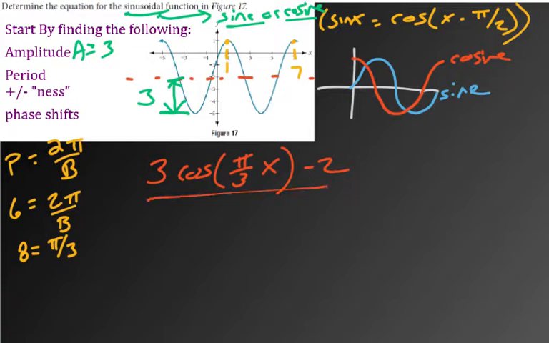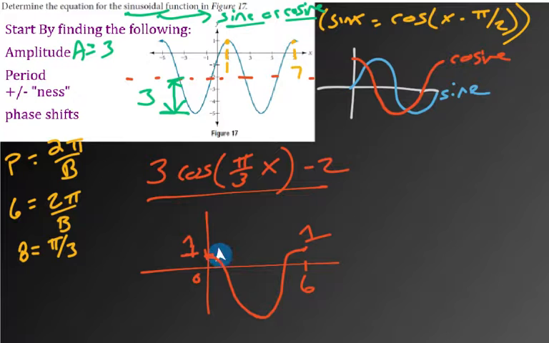But what this graph would look like is just kind of this shape. So this would be 6, and this would be 0, and this is 1, right? This is also 1. But I want to take this graph and move it over to the right so it looks like this.